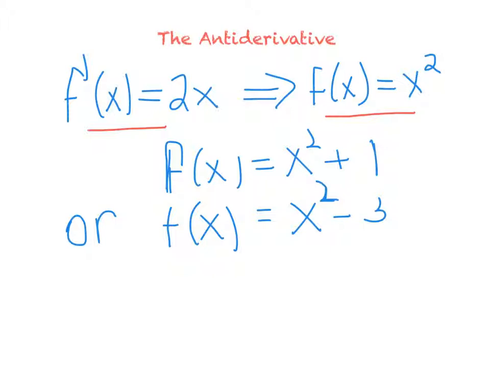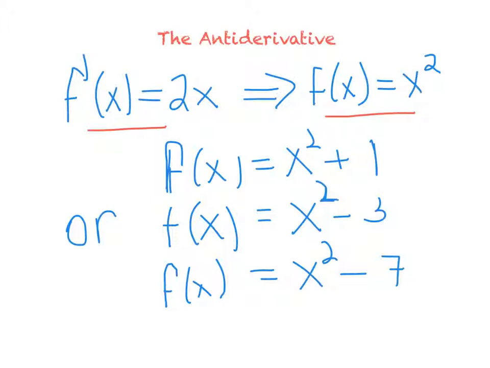We can have an infinite number of functions whose derivative equals 2x. This is why it is called the indefinite integral, because there are many functions whose derivative could be 2x.